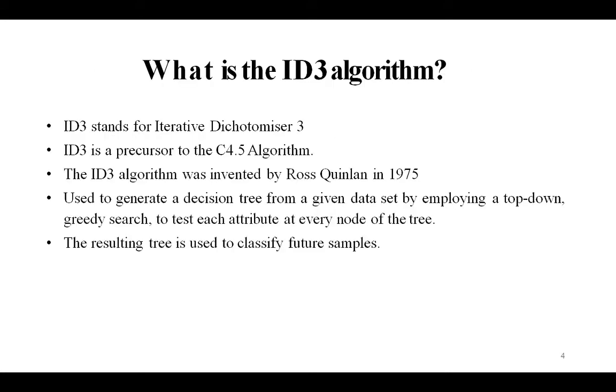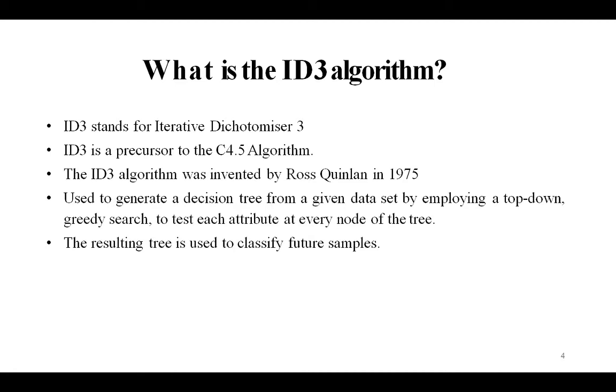So what is the ID3 algorithm? ID3 stands for Iterative Dichotomiser 3. ID3 is a precursor to the C4.5 algorithm, and this algorithm was invented by Ross Quinlan in 1975.